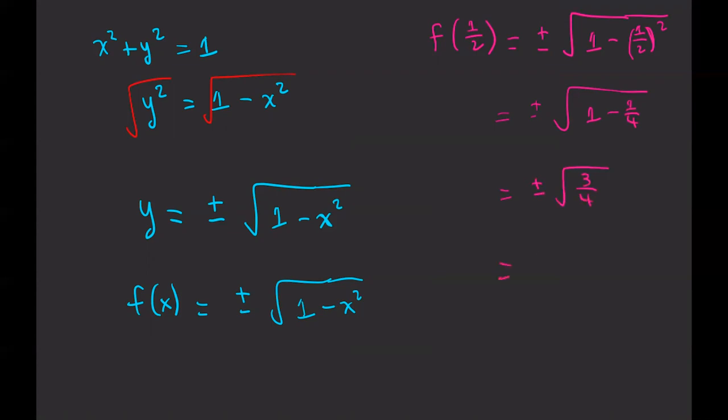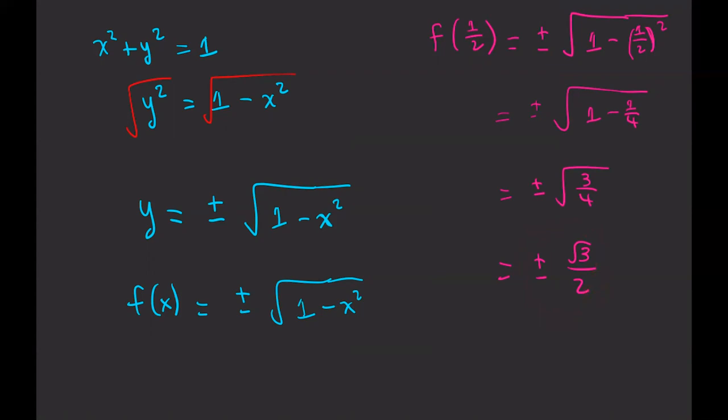And I know I'm doing a lot of this quickly. I don't really want to focus too much on this algebra. I just want to focus on the fact that when I plug in 1/2, I get positive root 3 over 2 and I get negative root 3 over 2. I just got two values out when I plugged in one x value.